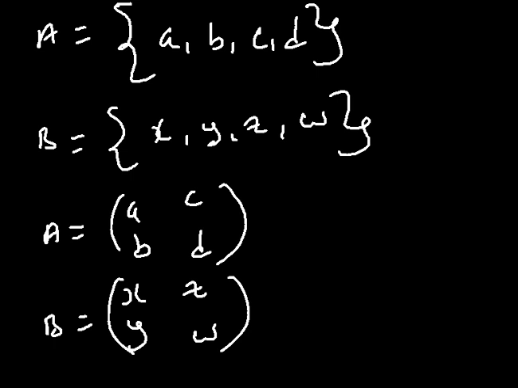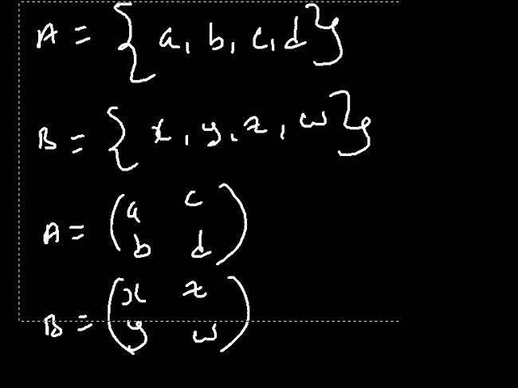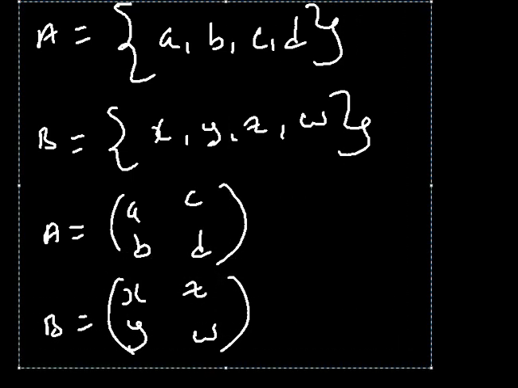So now, what is a matrix? A matrix is a rectangular ordered collection of numbers, letters, or symbols of the same type.